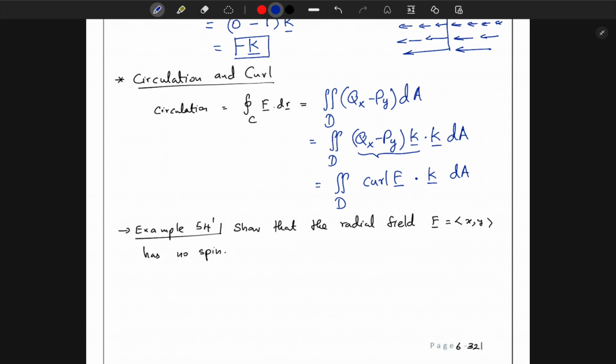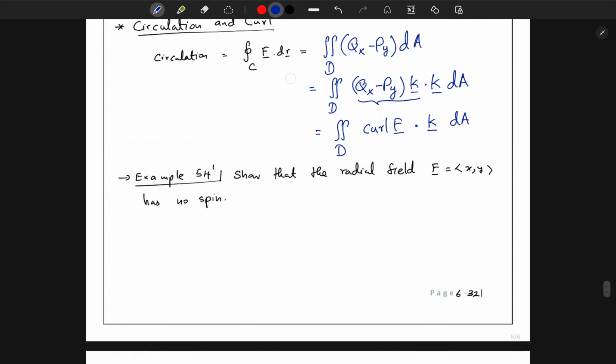Okay, another example. This is a slight variant from the book, so I named it 54 prime. Show that the radial field F has no spin. Okay, so this is the thing I told about the gravity. So the vector field looks like this.